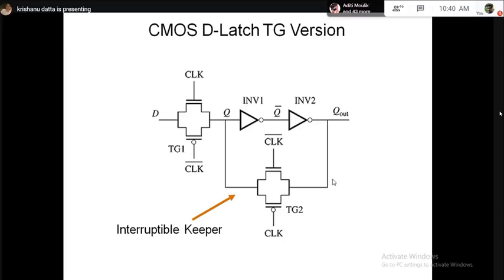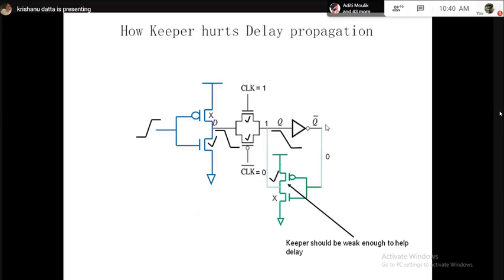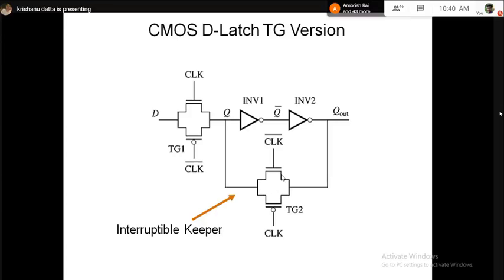If you go back to the previous picture, the difference is that at the output of this inverter, we have put another transmission gate with opposite clocking. If you follow my cursor, here we added that extra transmission gate, which is this one. Now the operation is very clear.